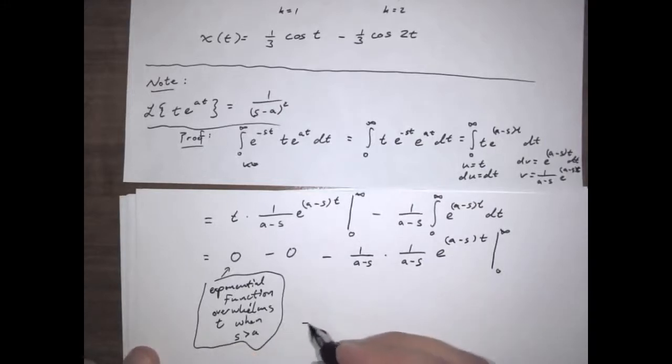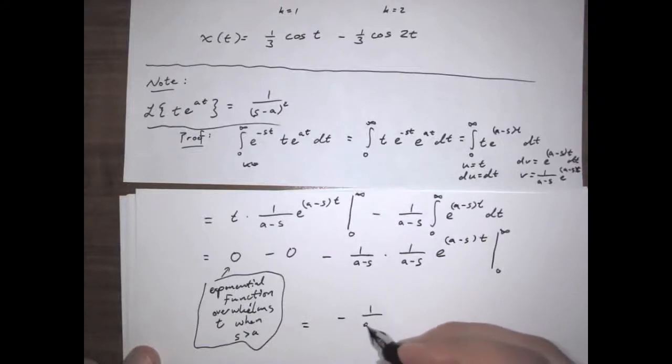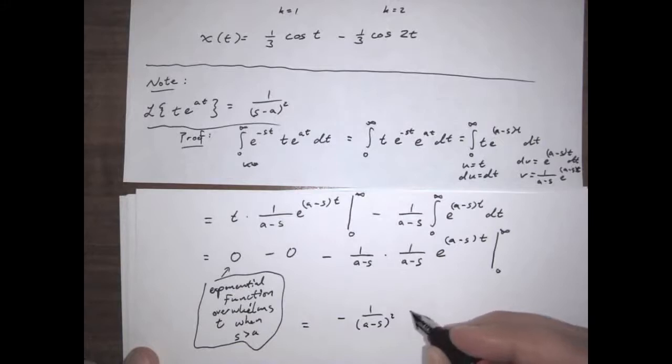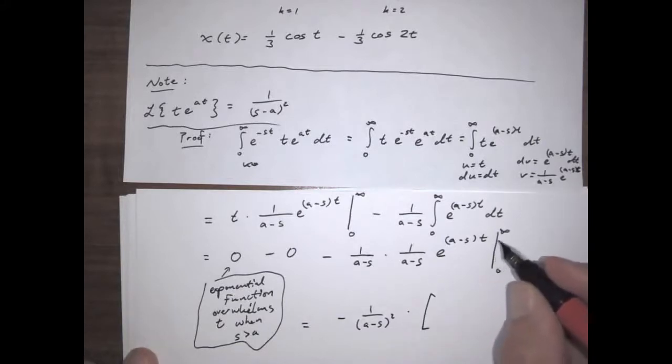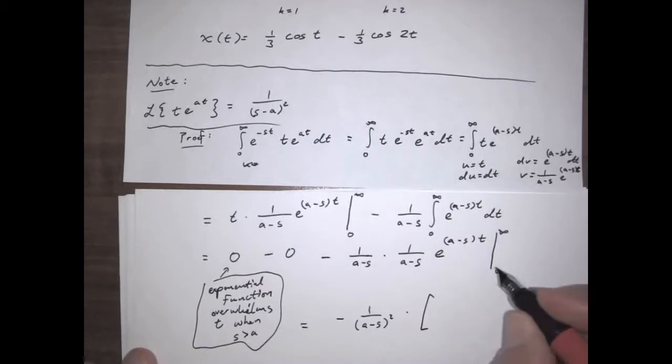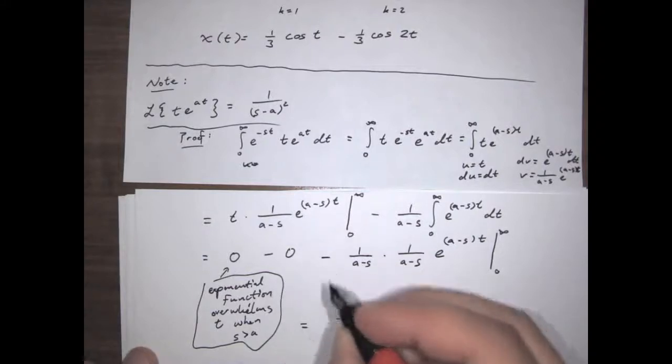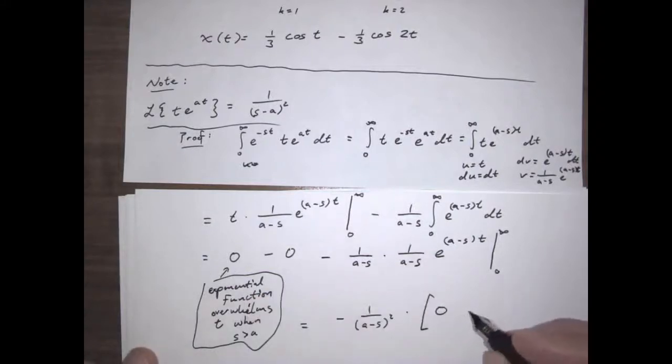So then this is going to equal negative 1 over a minus s squared times, and now here when we plug in t equals infinity, once again this is going to be a 0. And then it's going to be minus 1 when t equals 0.